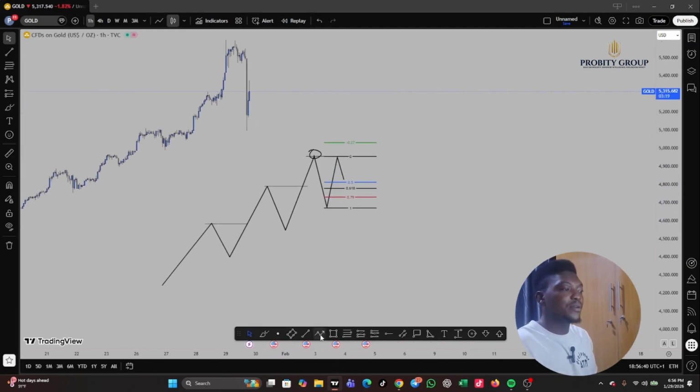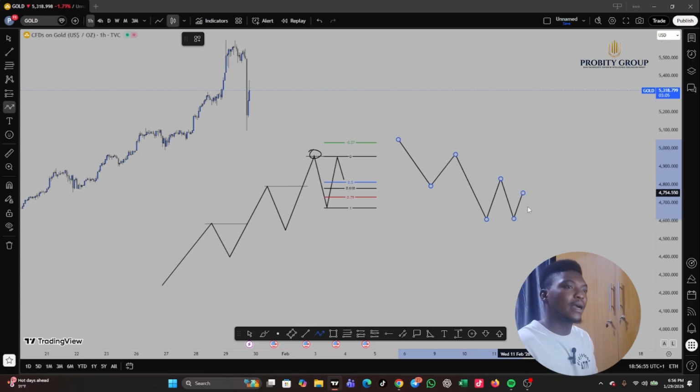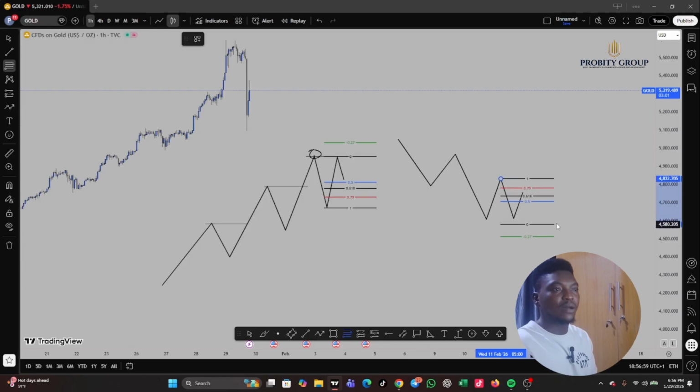Same thing in a bearish market. Price is trending downward. We need to be seeing structure breaking to the downside. If for any reason price fails to break structure to the previous low and we are now coming back, don't say this is still a downtrend, let me bring out my fib, I will use it to enter the trade.